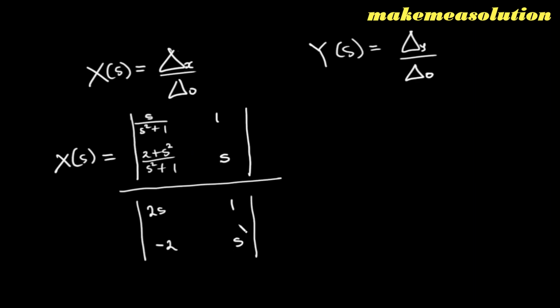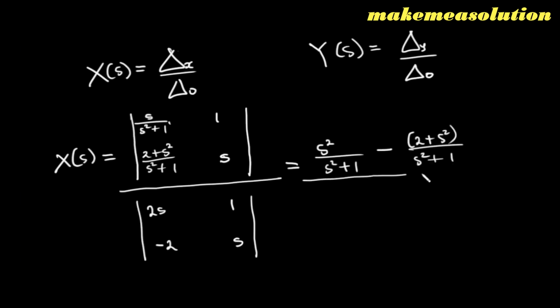So this is how we have obtained the determinant matrix. Then we can now finally solve for this determinant. This times this is going to give you s squared all over s squared plus 1, then minus this times this, which gives 2 plus s squared all over s squared plus 1.